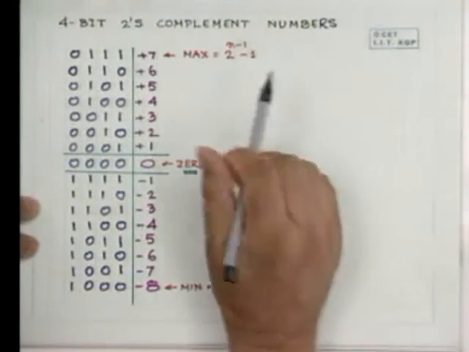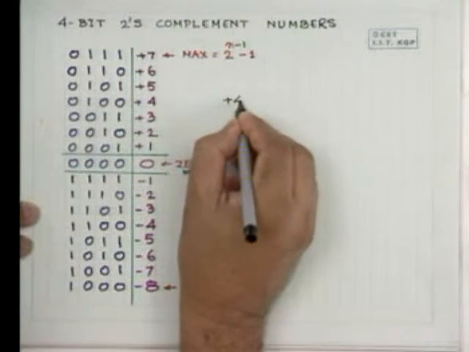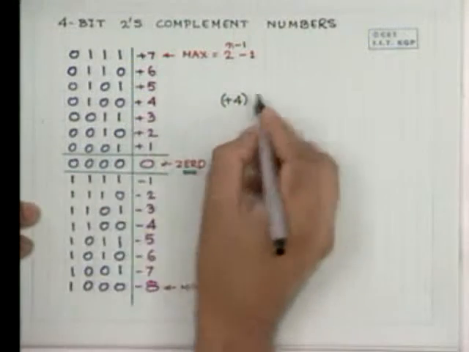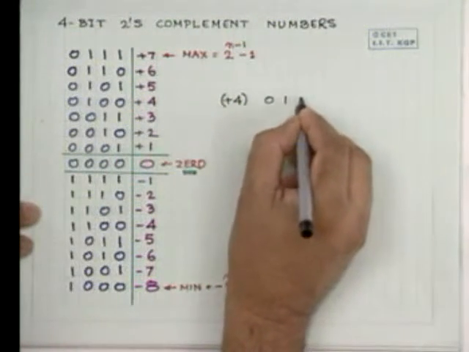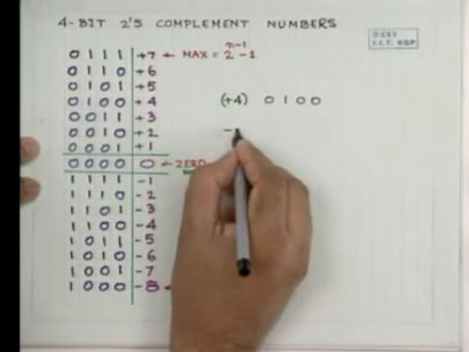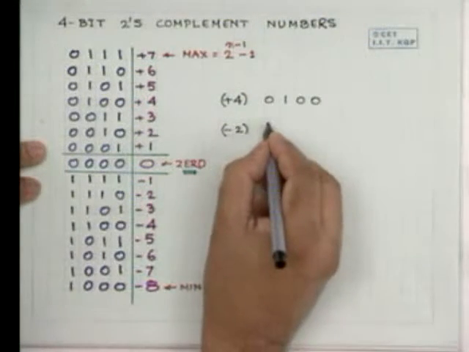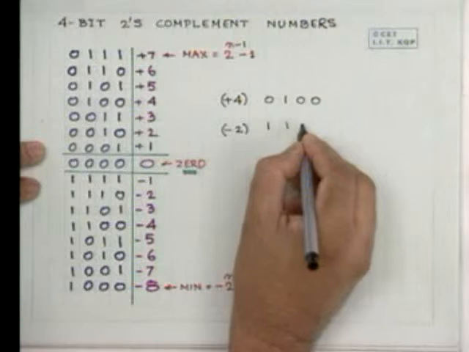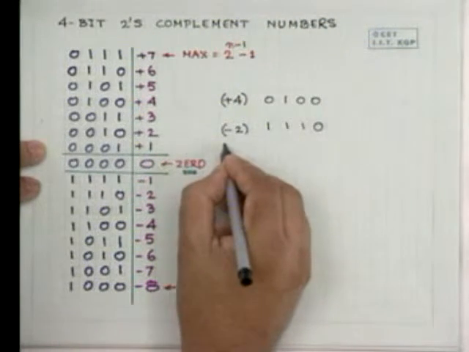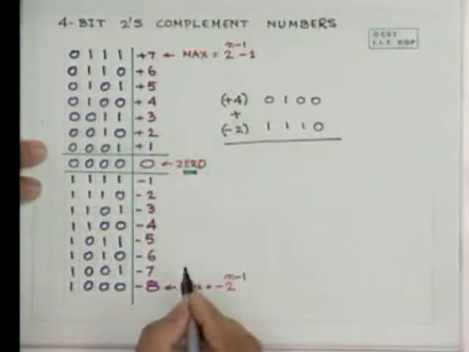Let us try to see. Say we have a number which is plus 4, and plus 4 is our 0 1 0 0, and say we have minus 2 here, and minus 2's representation is 1 1 1 0. And the operation that we desire is that we want to add.